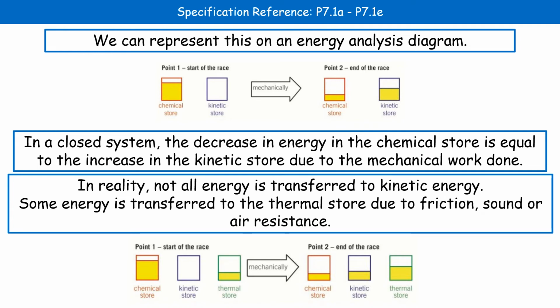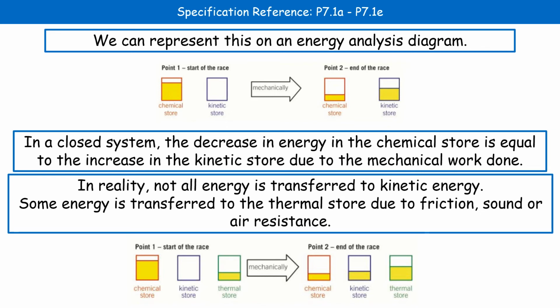Now what we're going to find is at the end of the race, we will have transferred energy from that chemical store to the kinetic, because as we cross that finish line, the object is moving, but it has less fuel. So what we're going to do is basically transfer some of that energy from the chemical store to the kinetic.